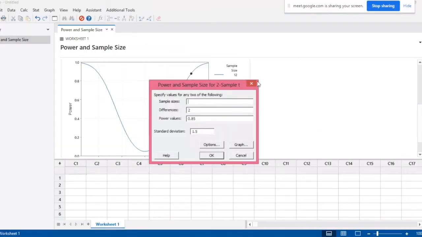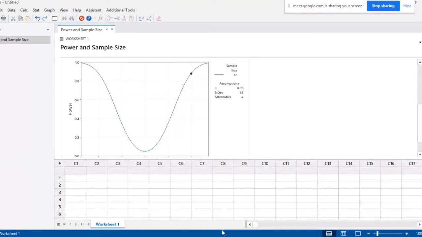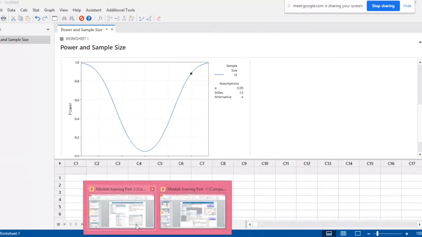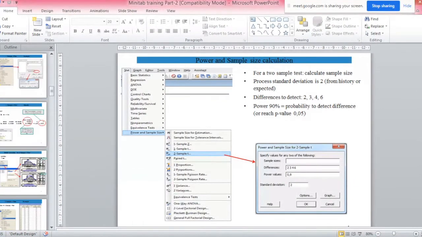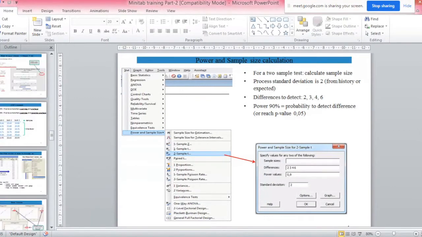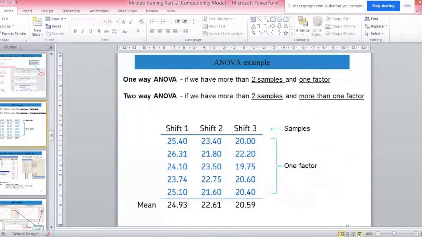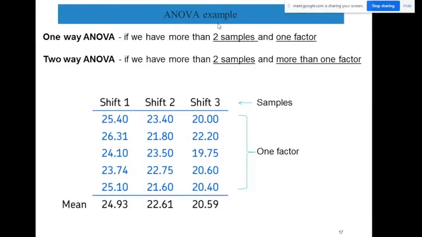Okay. So this is related to how to select the samples. This is very important. And then we go for the actual one-way ANOVA. Basically, ANOVA is analysis of variance, used when we have one factor and more than two levels.